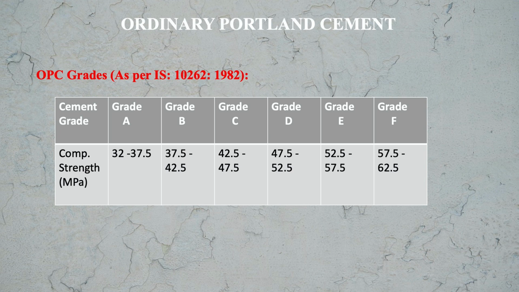If we look at 53 grade, this 53 MPa strength falls in the grade D category, where the range is 52.5 MPa to 57.5 MPa. So that is the classification of the ordinary Portland cement OPC.